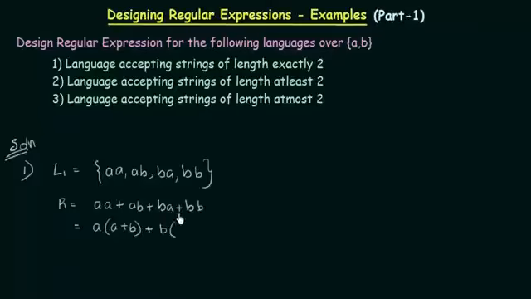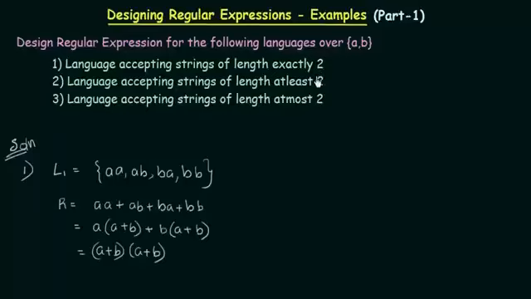So we'll get (a plus b) again. So this will be (a plus b)(a plus b). This is the simplified form, and this regular expression gives us the language that accepts the strings of length exactly 2.